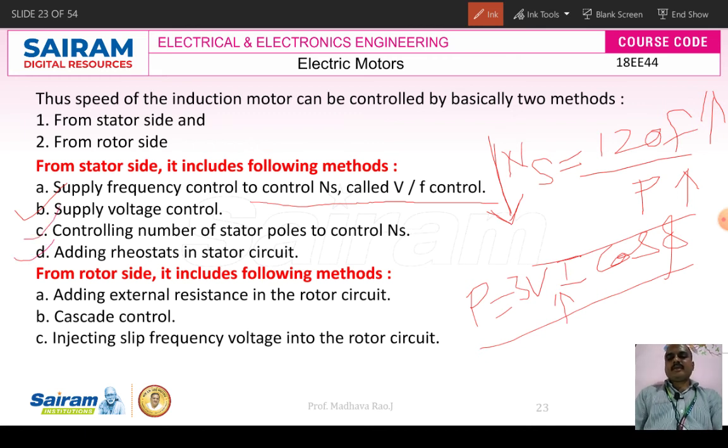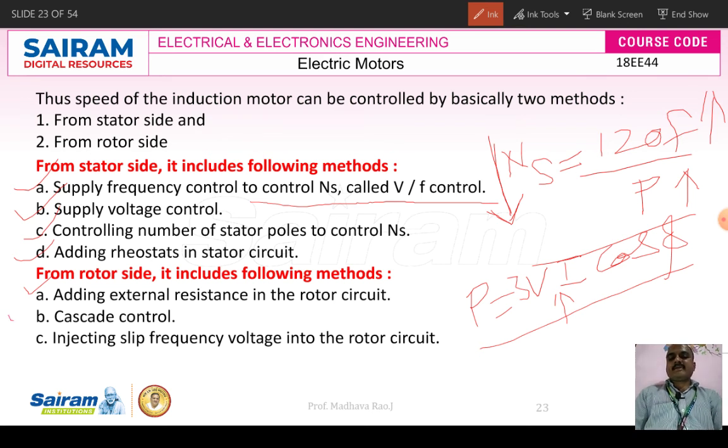These are the four stator side speed control methods. Coming to the rotor side speed control methods, which are possible only for the slip ring type induction motor: first, adding external resistance in the rotor circuit. If we add external resistance in the rotor circuit, we can control the rotor current and thereby the speed of the slip ring type induction motor.